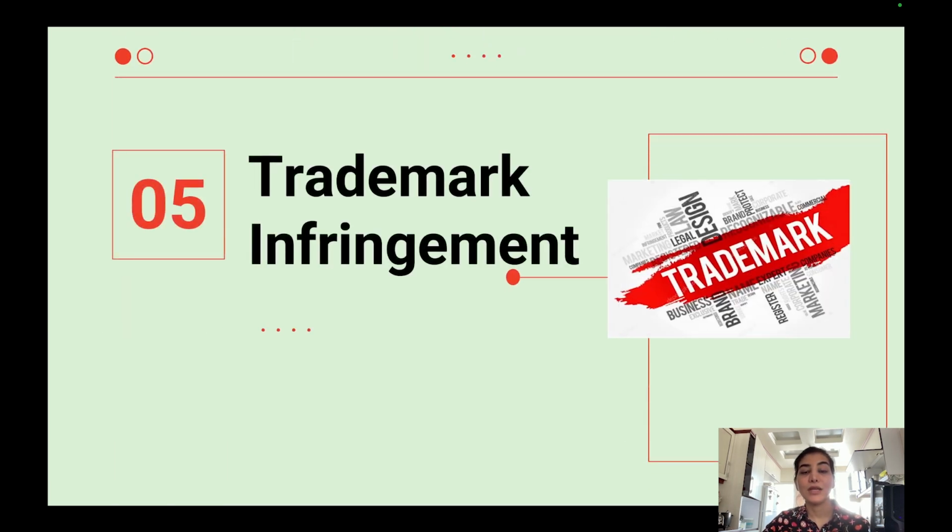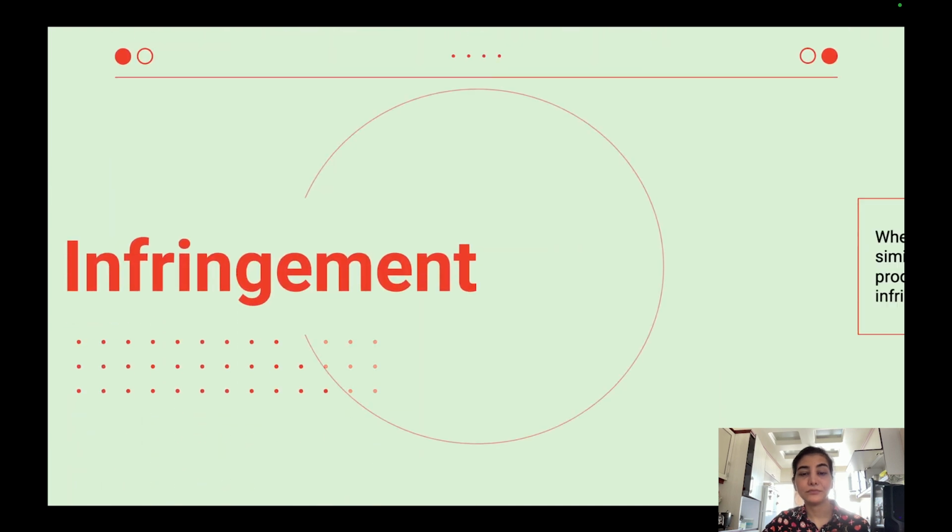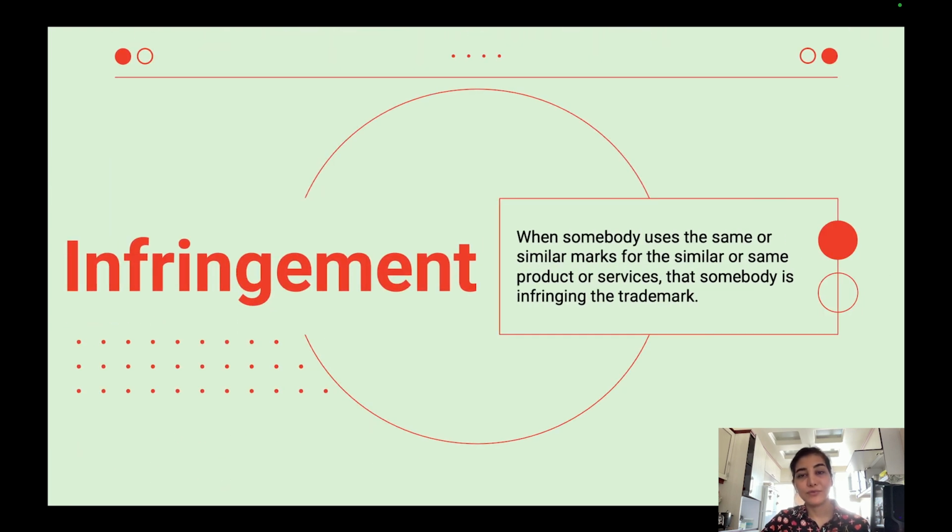Number five, trademark infringement. What is infringement? When somebody uses the same or similar marks for similar or the same products or services, that somebody is infringing the trademark. For example, if you use the name Apple for naming your laptop or your phone, this is infringing the product or the brand of Apple.